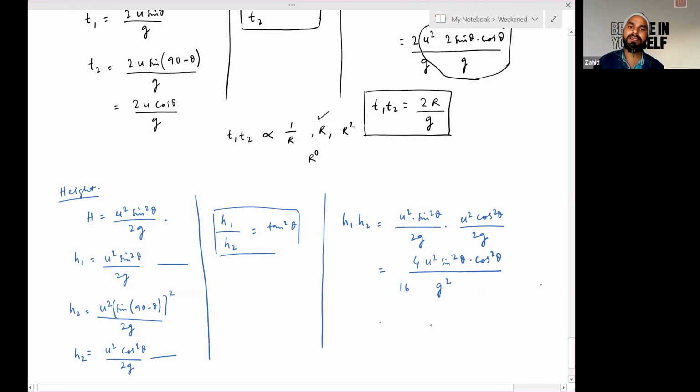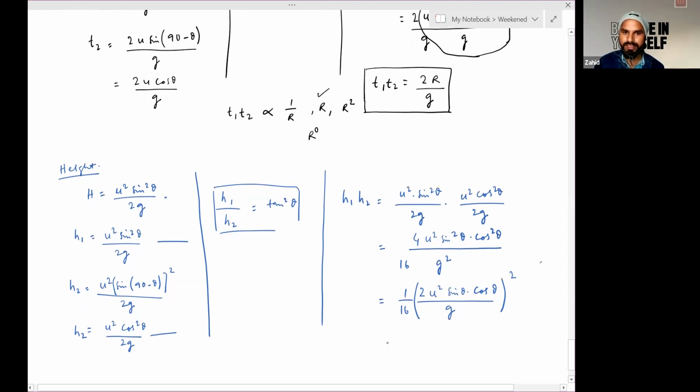Now we may write it as 2u square sin theta cos theta divided by g whole square divided by 16. This whole term in bracket is nothing but range.